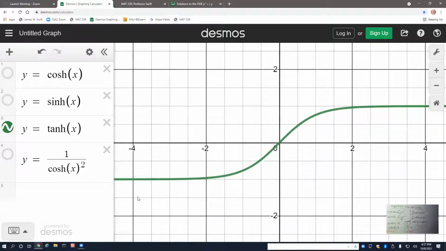So it's a nice, smooth function that steps from one value to another. The derivative of a hyperbolic tangent is 1 over hyperbolic cosine squared, very similar to the derivative of regular tangent is 1 over regular cosine squared. Here I got a picture of that. So this is also very useful as a nice sort of hump function.